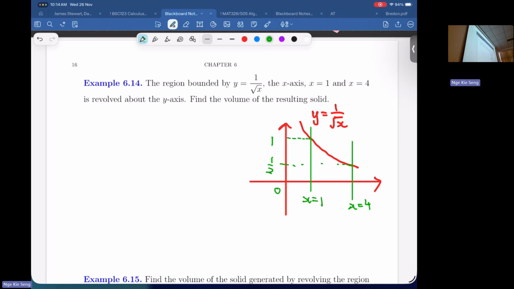So the region is bounded by this curve plus the x-axis, and these lines. Okay, so this is revolving around the y-axis. So you have this direction. Maybe you have something symmetric on the other side.